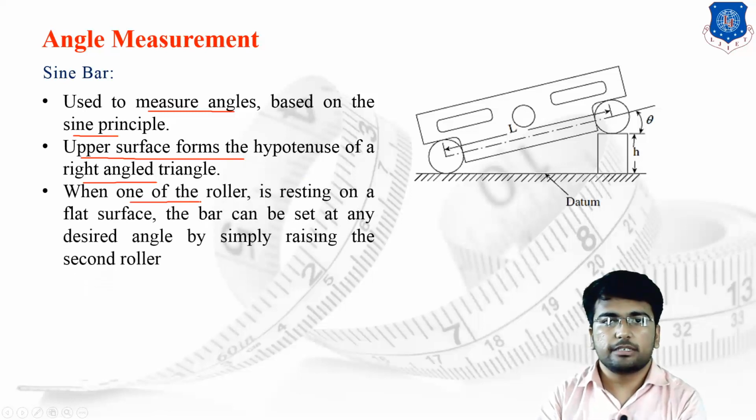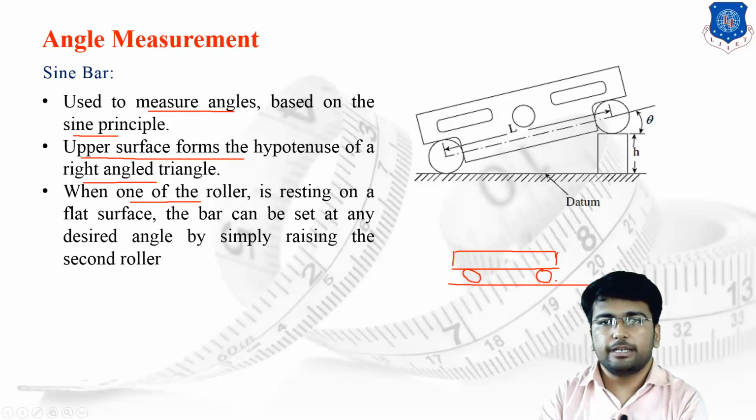One roller is resting on the flat surface, and the bar can be set at any angle by simply raising the second roller. In the initial condition, suppose here one roller is placed, the second roller is also placed over here, and suppose this is your concept of the sine bar.